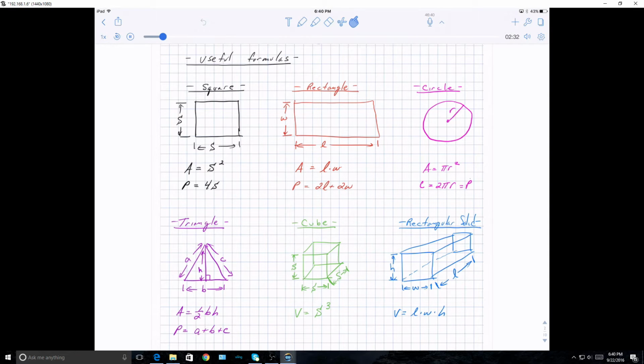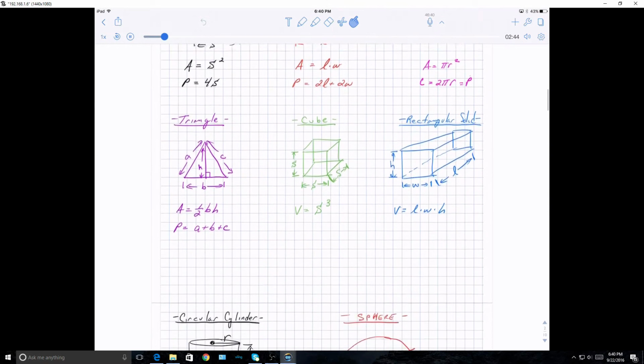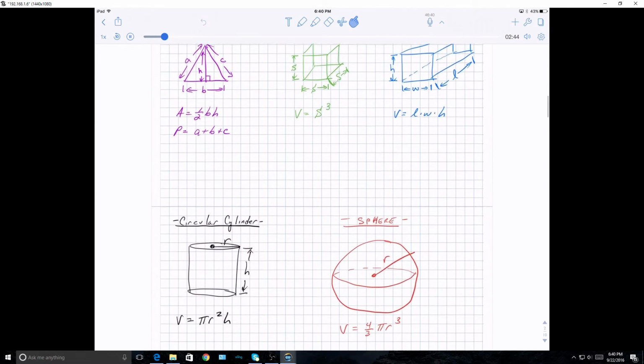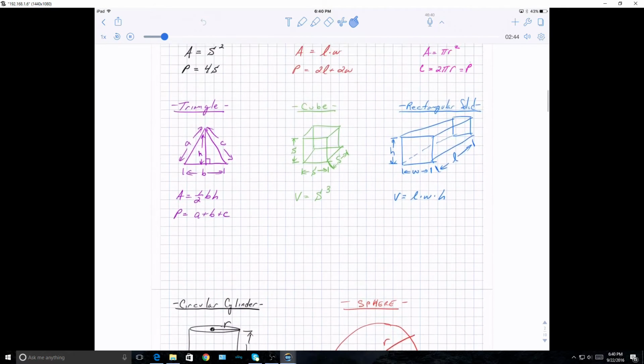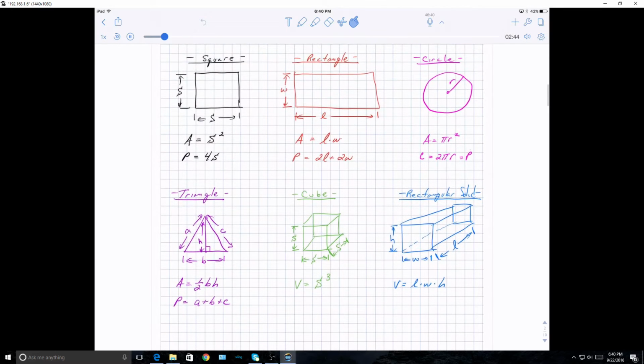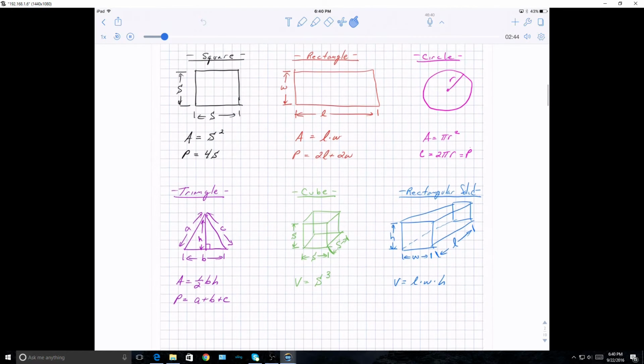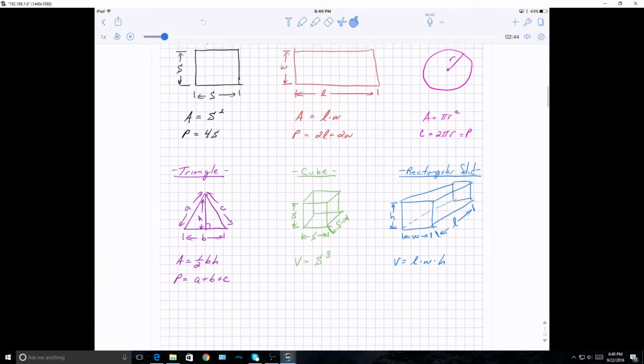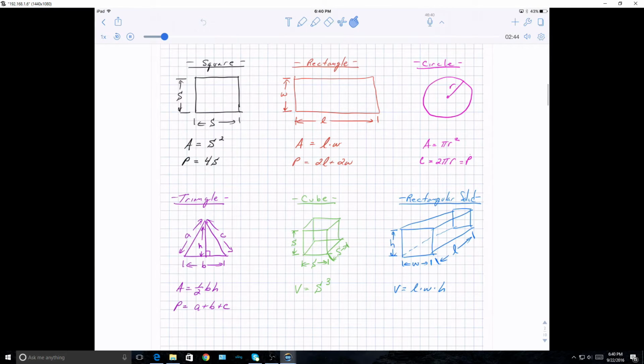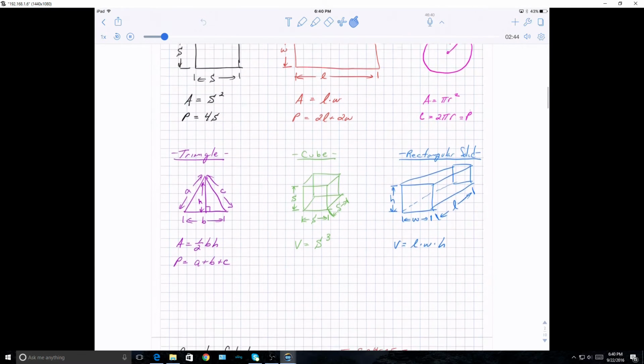I'm not giving surface areas for the cube or the rectangular solid or the sphere that you'll see in a second. But where is the sphere? There it is, in the cylinder. But we will use these eventually in each one of our processes. So these are just basic formulas that we can use, and you can pause the video and look at each one or return to this section when need be.